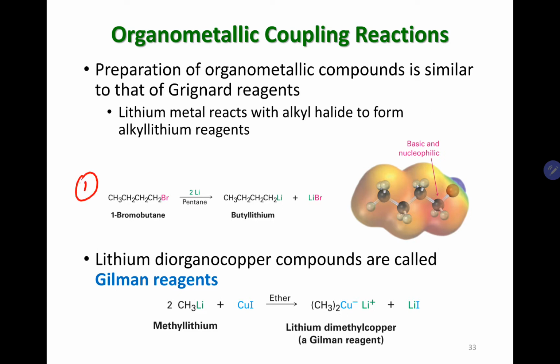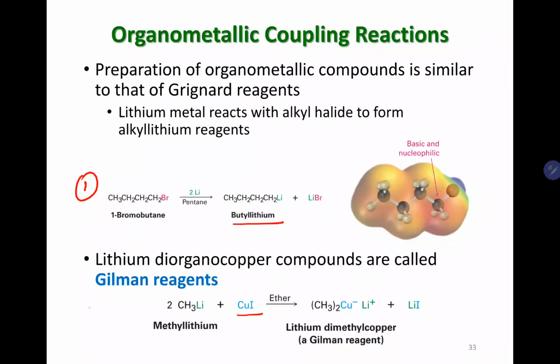In the first step, you react an alkyl halide with lithium in order to obtain an alkyl lithium compound. That will be your first step. The alkyl lithium compound that you obtained from the previous step will then be reacted with copper iodide.